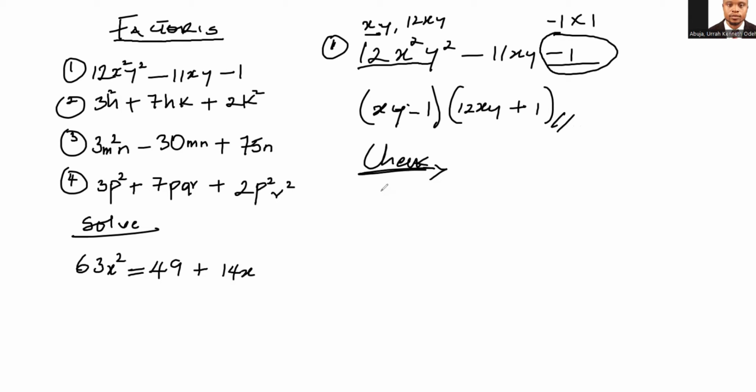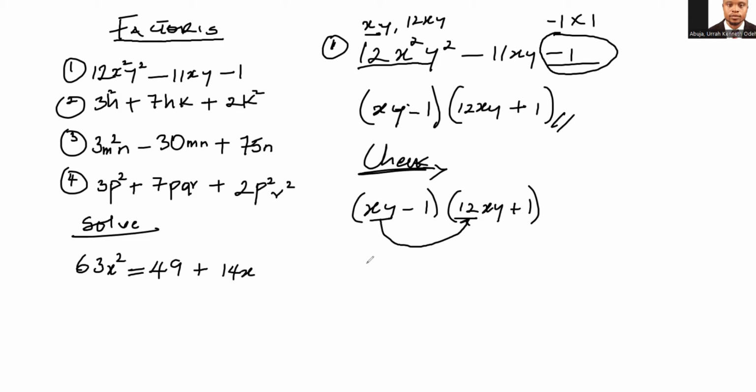All right. So what do we do? We write what we have here. We have xy minus 1, close the bracket. We have open bracket, 12xy plus 1. Beautiful. So now we multiply xy by 12xy.